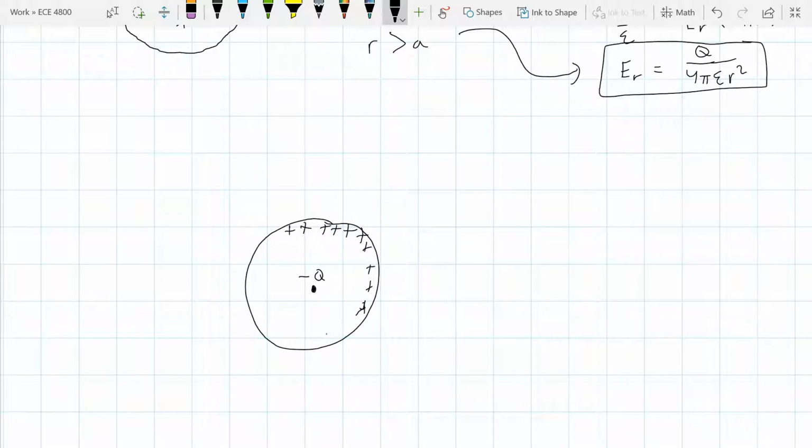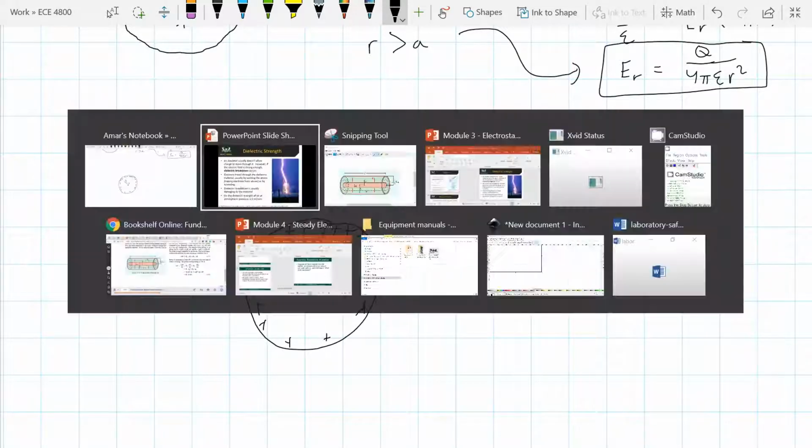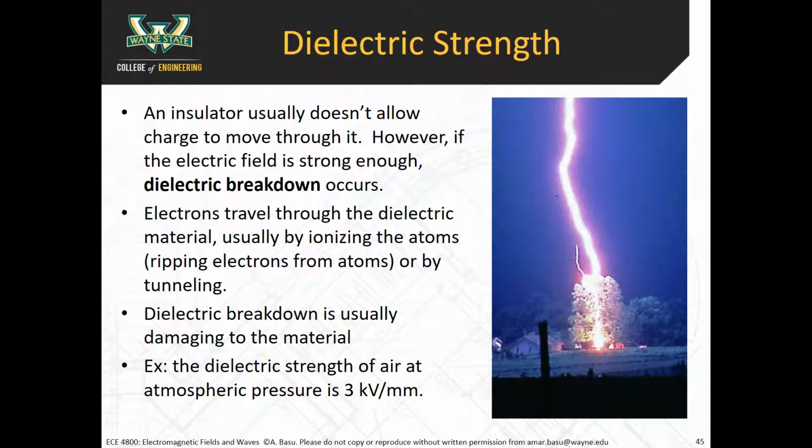In what direction would the electric field point? Yeah, the electric field would point towards the negative Q. Okay, gotcha. Think that clarifies it? Yeah, I got it. Good. No problem.